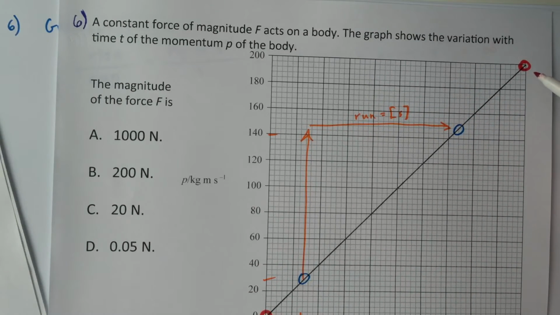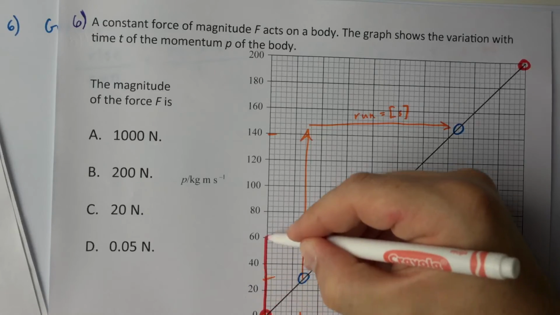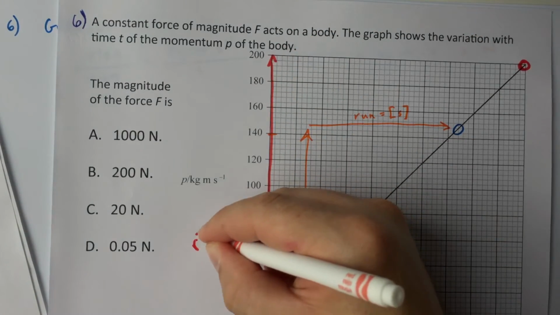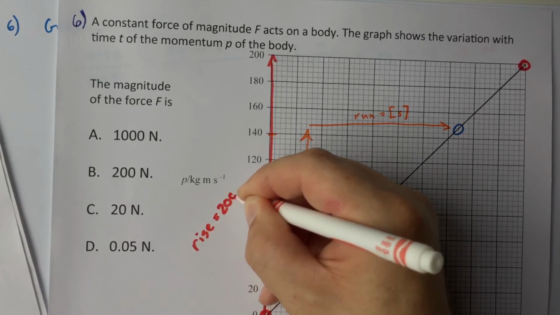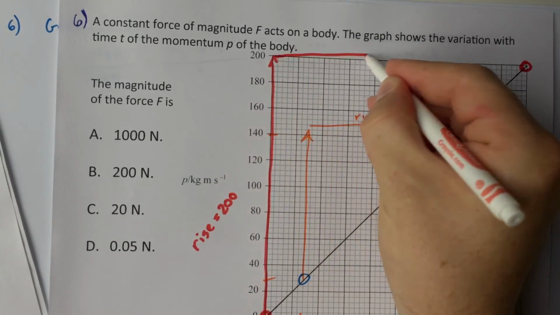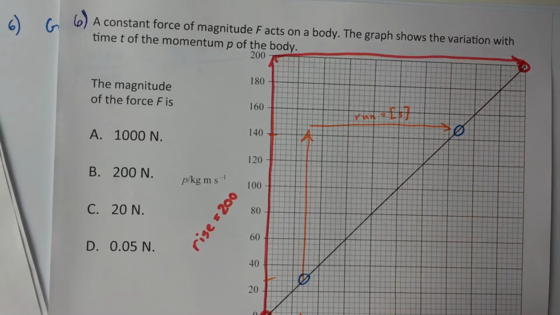IB wants you to use points that are further than half the length of the line away for straight lines, finding the slope. And we could easily find the rise. In this case, it's 200 kilogram meter per second. And the run, in this case, is from 0 to 10 seconds.